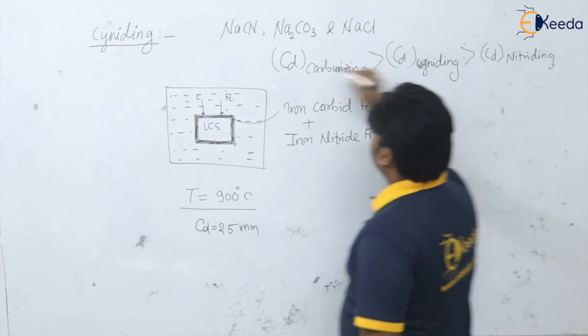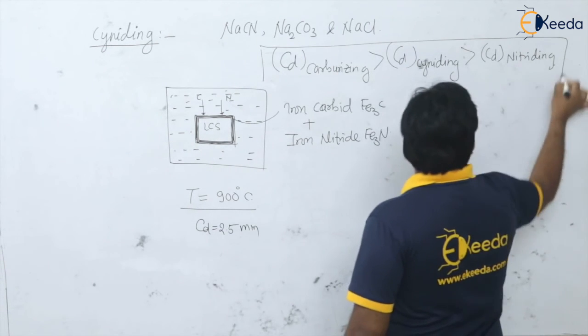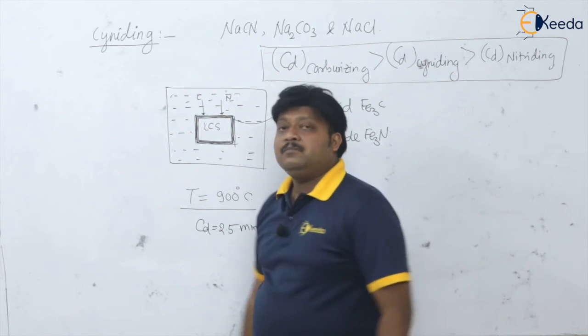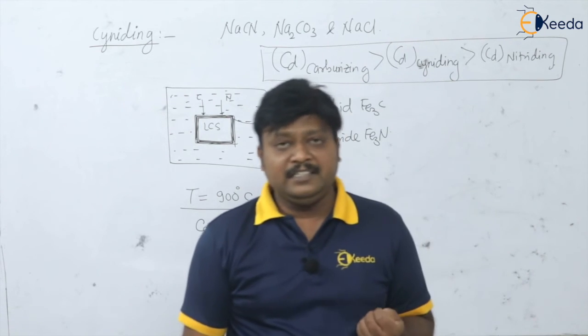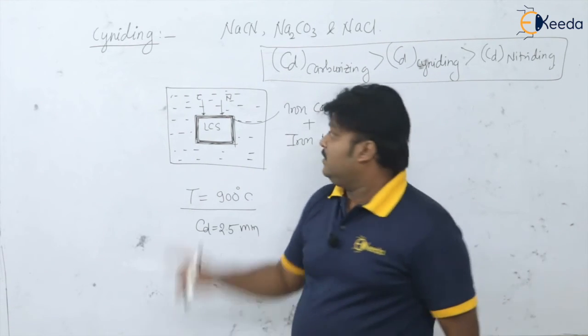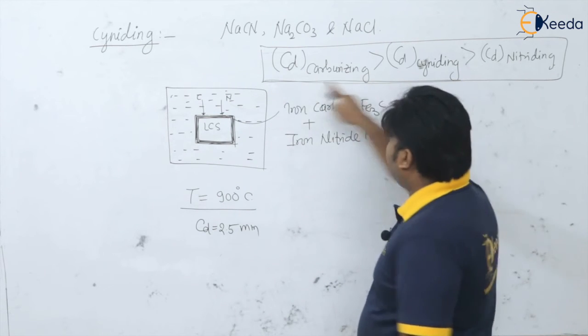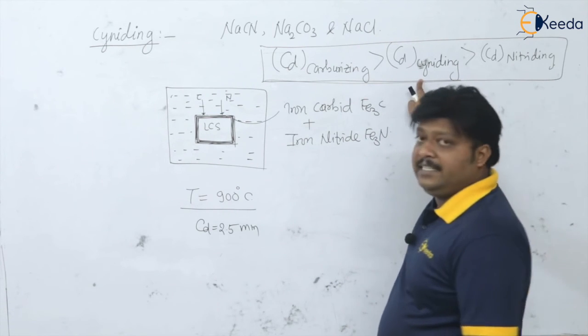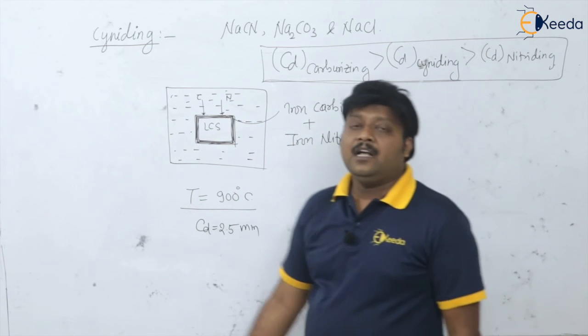So please remember, this is very important. The maximum depth of hardness is in carburizing, then in cyaniding and then in nitriding.